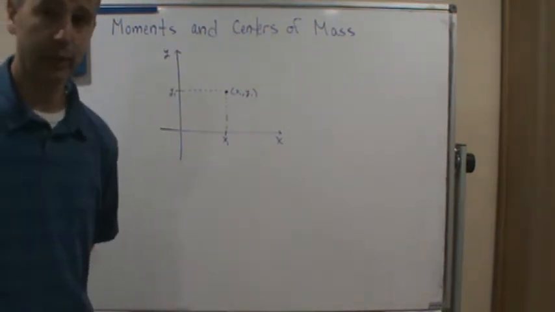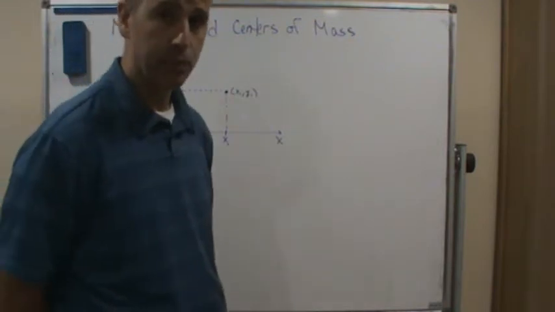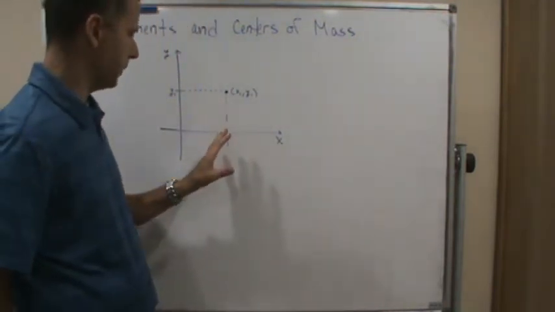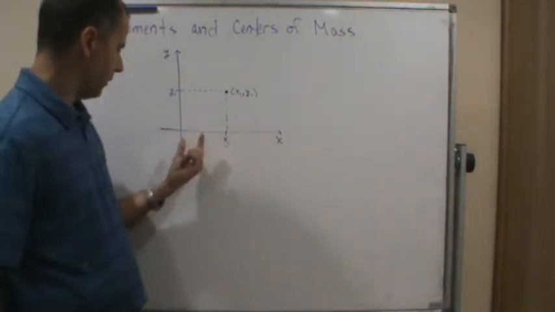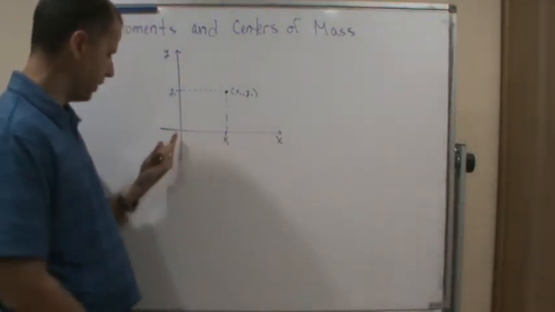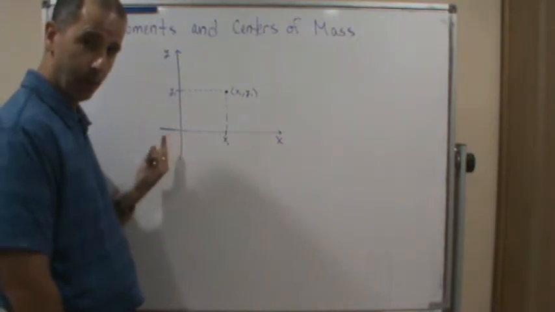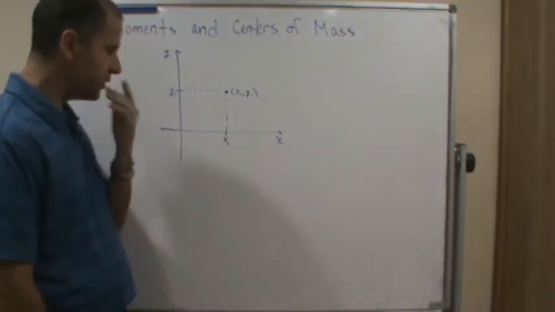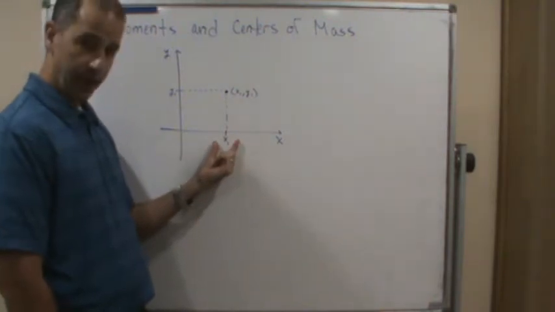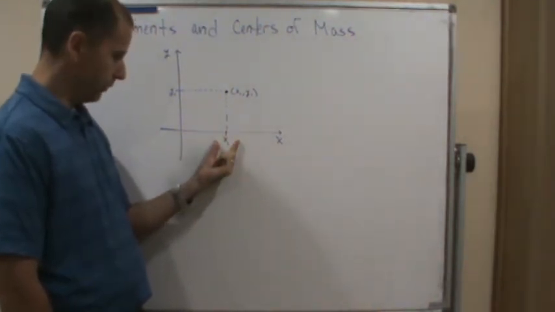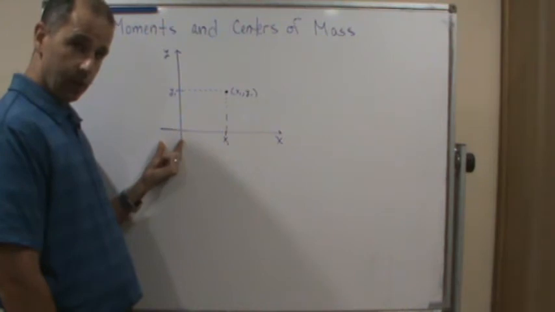We can generalize this to this case, because in one dimension we were talking about the origin, right? How far from 0 on the number line. And so in this case, we were talking about how far the x values, the point masses, were from the origin.